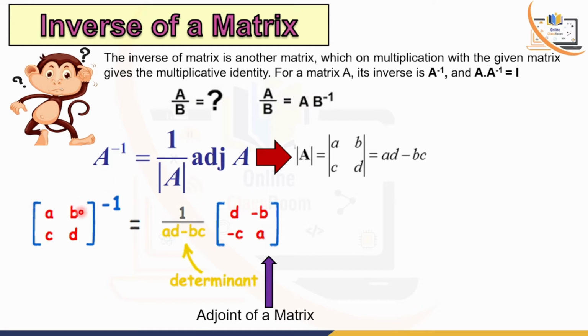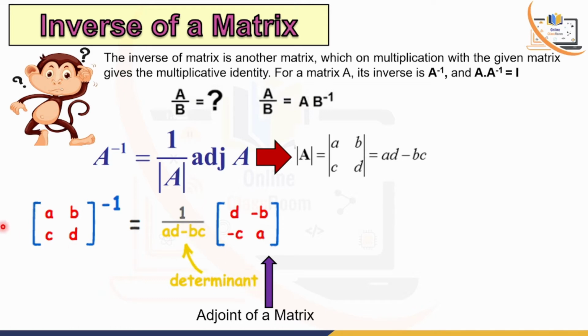Look, here I consider one of the matrices as A, B, C, D, and we want to find the inverse of the corresponding matrix. The determinant value is AD minus BC, and we consider this value to be non-zero. Now we will compute the adjoint of the matrix. But how?